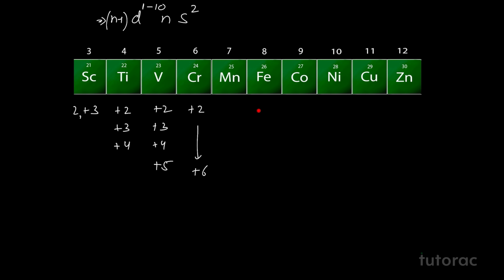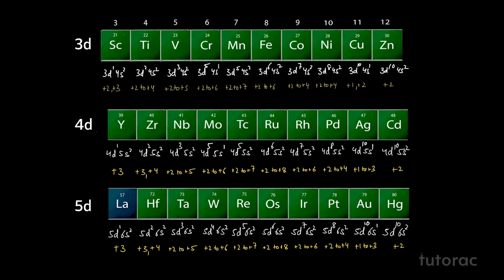If I go ahead and check all of their electronic configurations, and when we go down the group also, they would be similar. So here in 3d, we are going from +2 to +3 in scandium. Moving ahead, we reached chromium, which was +2 to +6. Then +2 to +7 for manganese, which was d5 4s2. Moving ahead, the configuration changes because now we have electrons being paired up.